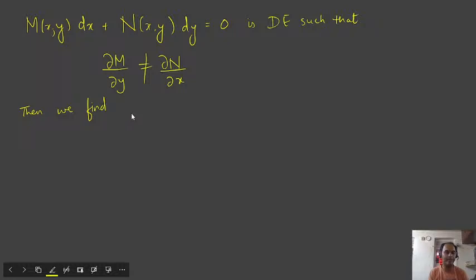Then we find an integrating factor, and we will see what that is. We find an integrating factor, IF in short.